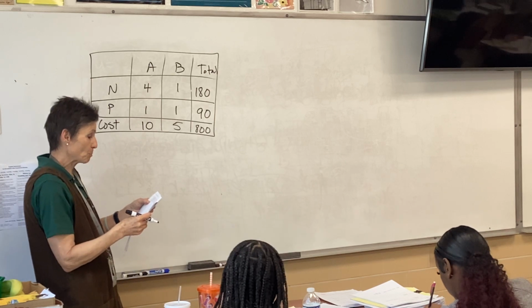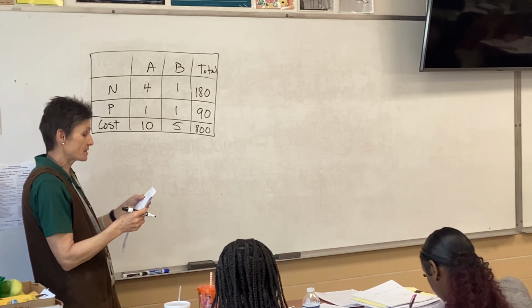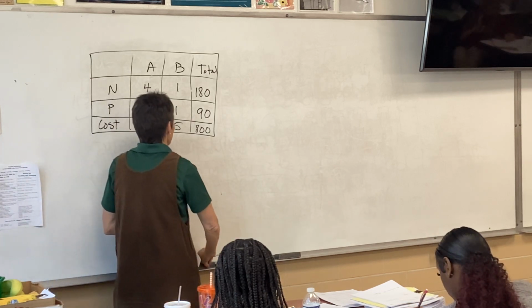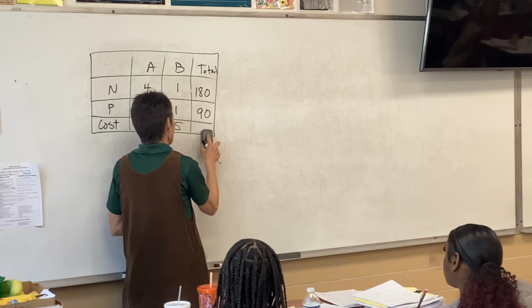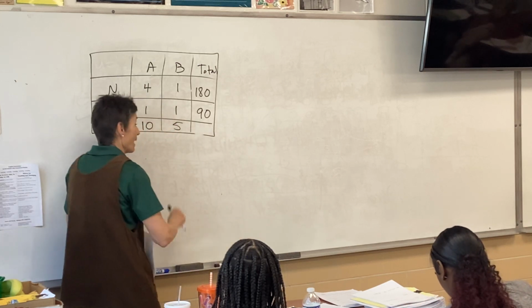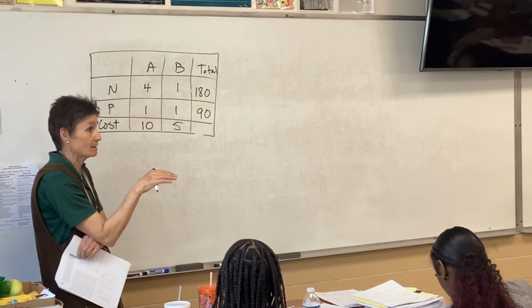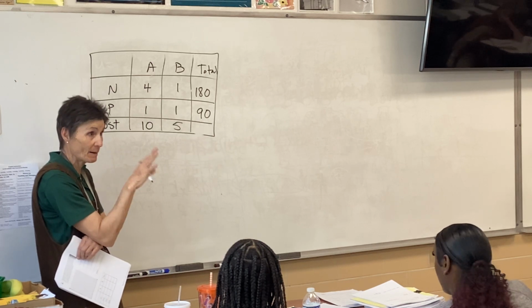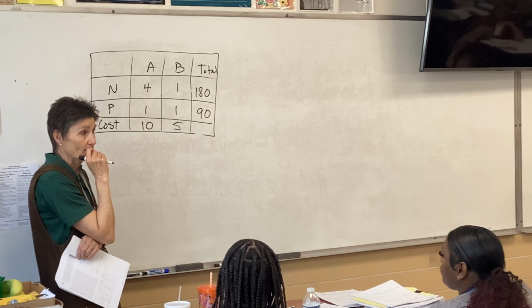How many bags of each brand should be purchased to minimize the cost? Okay, I'm going to take that out for a minute because I actually want my answer to be less than that. I don't want an 800 in there. I want to be less than 800, hopefully, minimizing the cost.